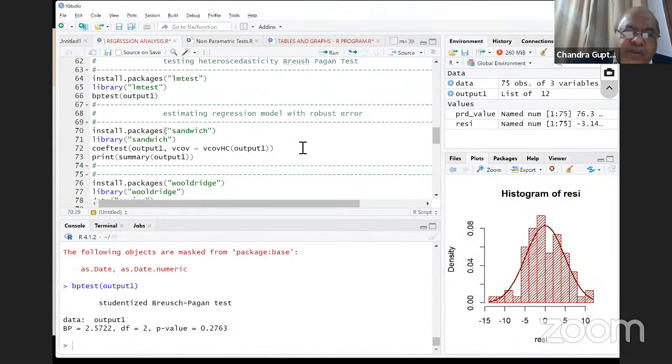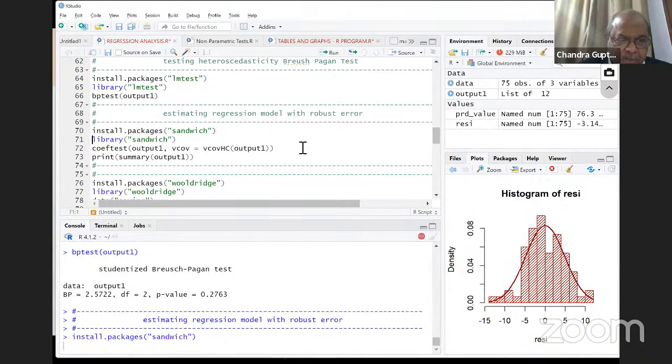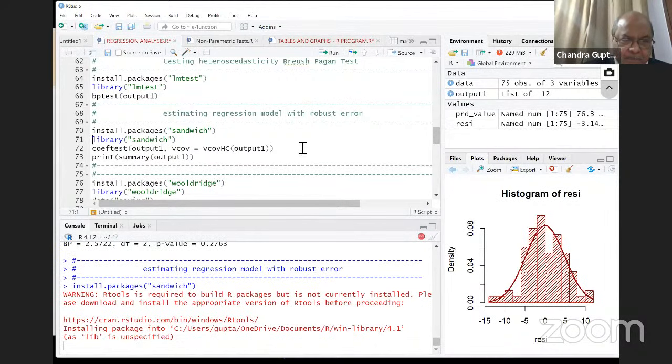To estimate the robust errors, we need another package which is called sandwich. So this has to be installed. Just wait, the package is being installed.